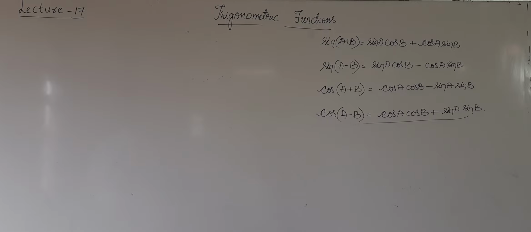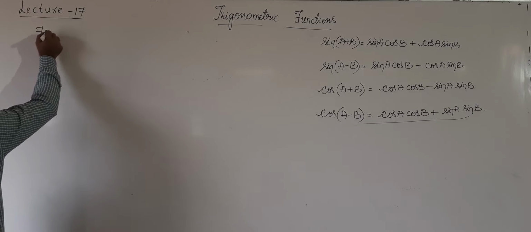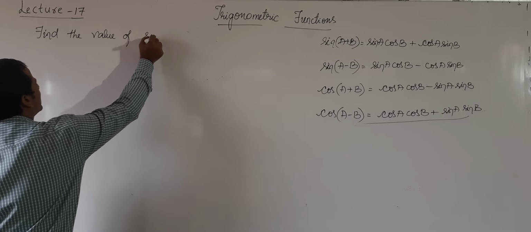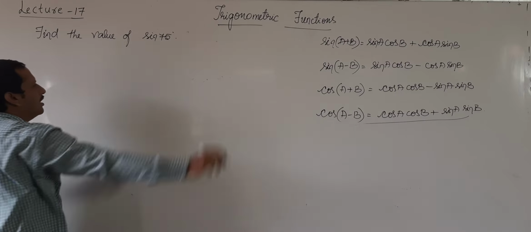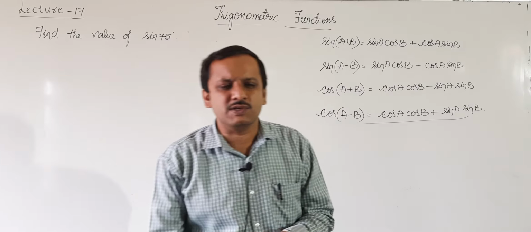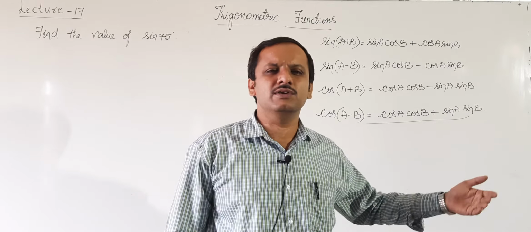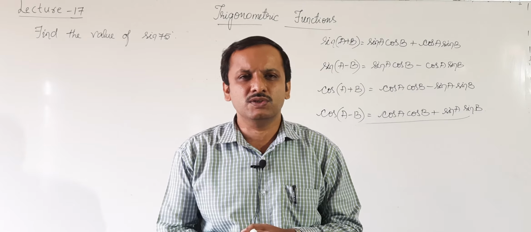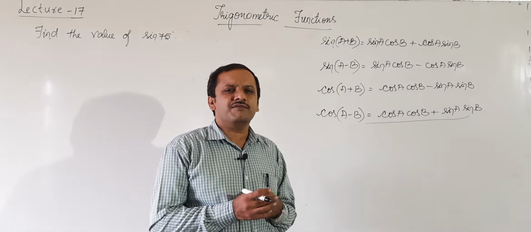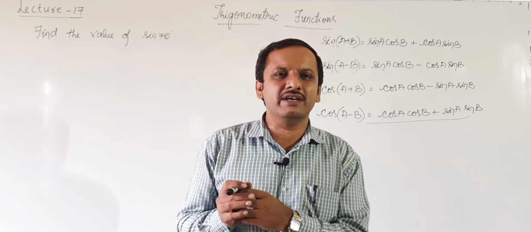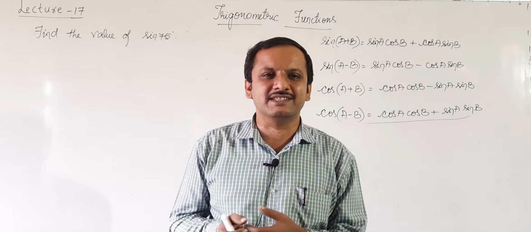The first question is, find the value of sin 75 degree. See, so far we only know the values of trigonometric functions of standard angles: 0, 30, 45, 60, 90 and then 120, 150 etc. That does not mean that sin 75 or sin 36 does not exist.